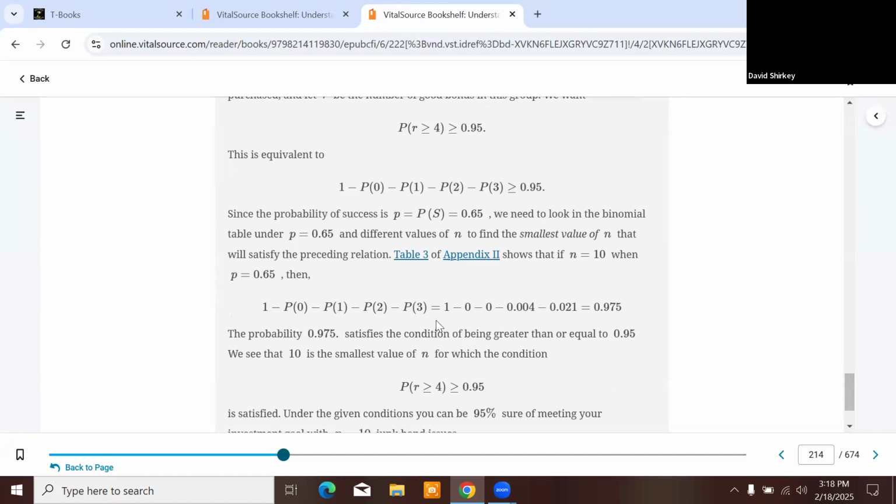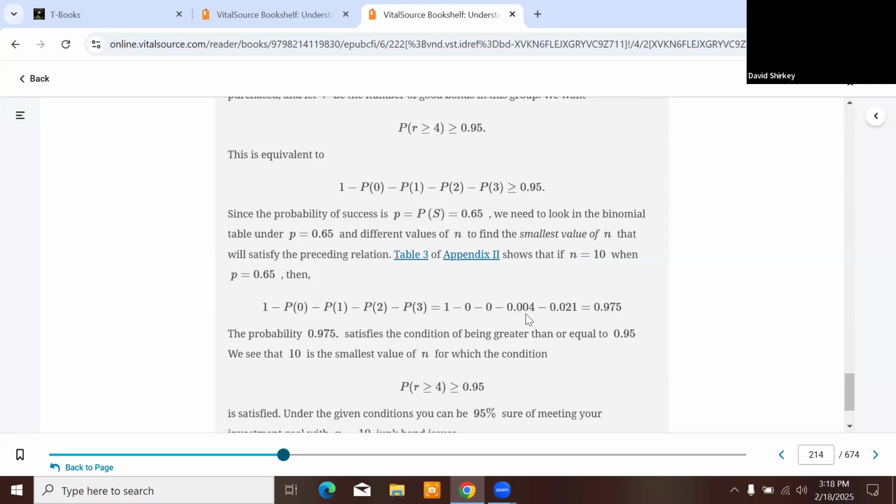So going back, if you look at that binomial table where n is 10, that's going to be 1 minus the probability of 0, which is 0. The probability that R equals 1 is going to be 0. The probability that it equals 2, if you look at the binomial table, is 0.0004.